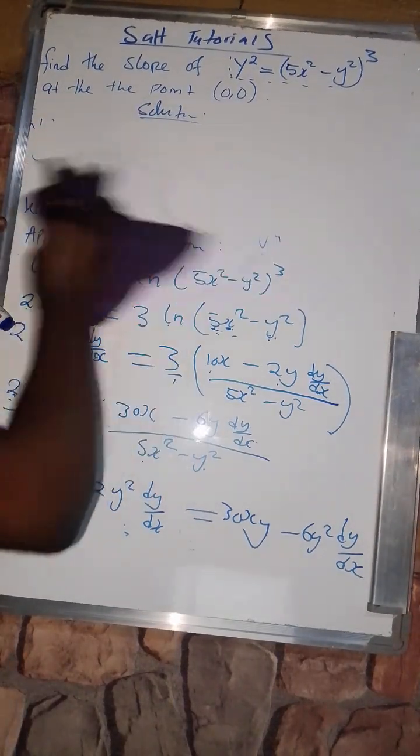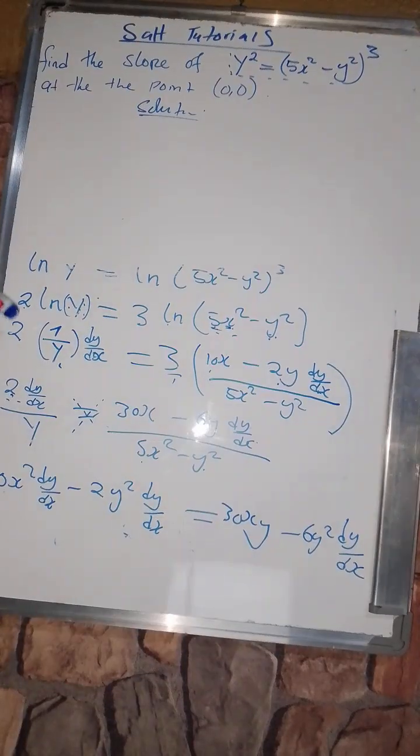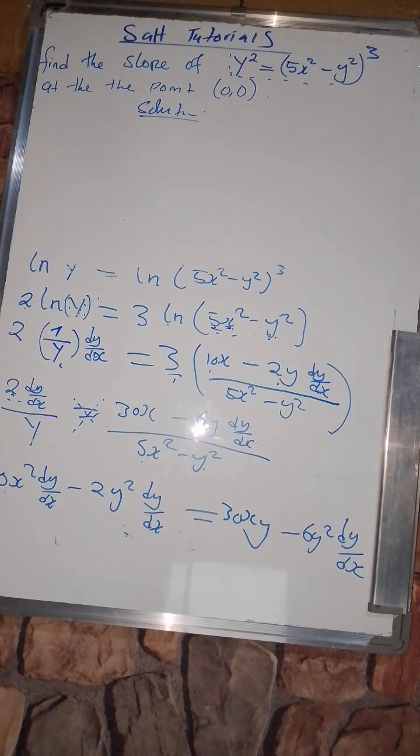So I'm now going to group like terms. Everything which has dy/dx, I only have these two, so they will all go on the left side.